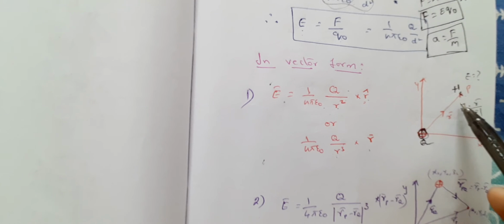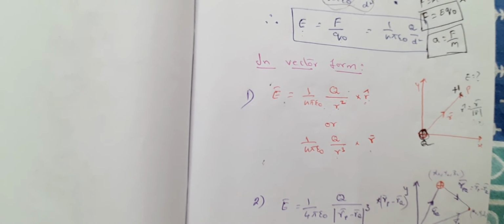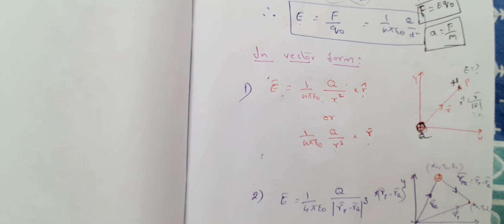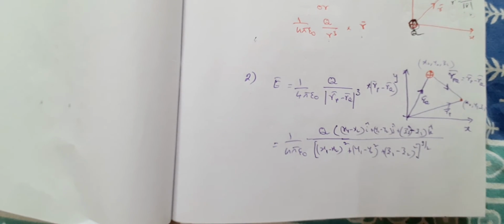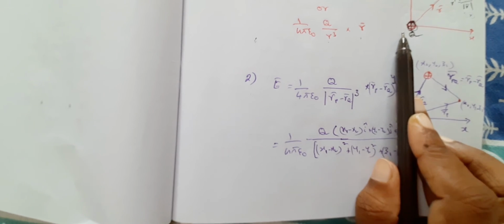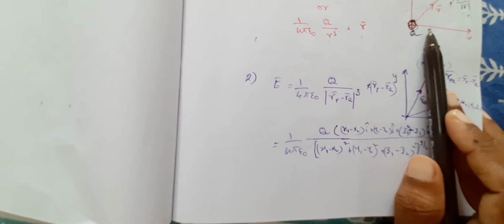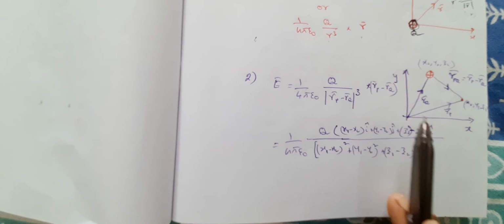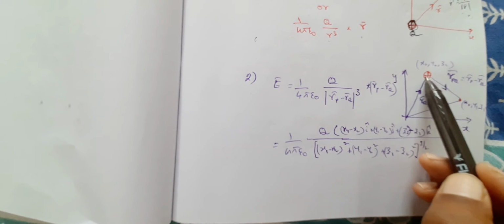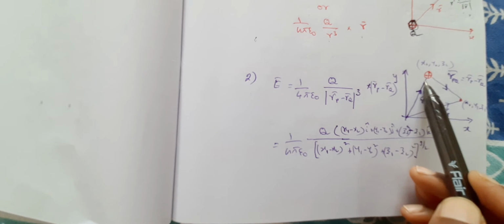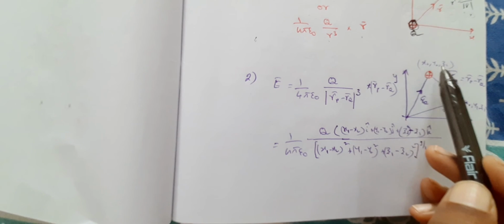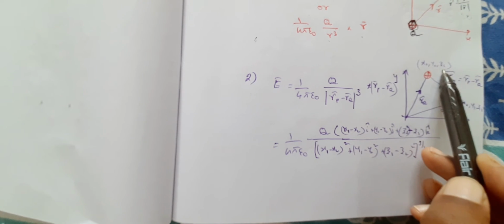And now take another situation where the charge is not at the origin. Here you have taken the charge to be at the origin, therefore this is a position vector and you are able to do it directly like this. Now suppose the charge is somewhere here in the Cartesian coordinate system, where the coordinates are x2, y2, z2.